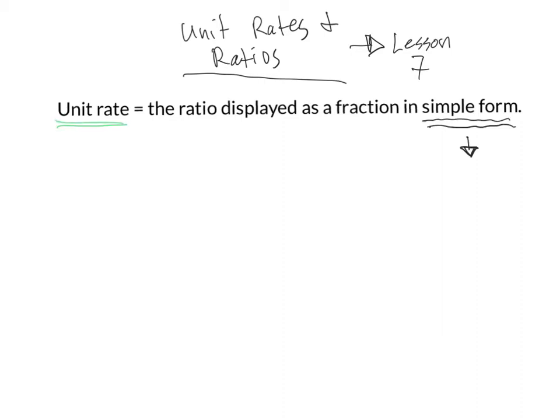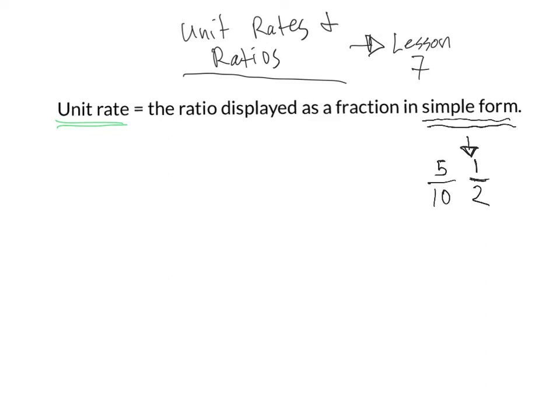So simple form means to make it as small as possible. Let's check that out. If we have 5/10, the simple form of 5/10, can anybody type that in or shout it out? Oh, people are definitely talking and I cannot hear them. Sorry, guys. The simple form of that would be 1/2.